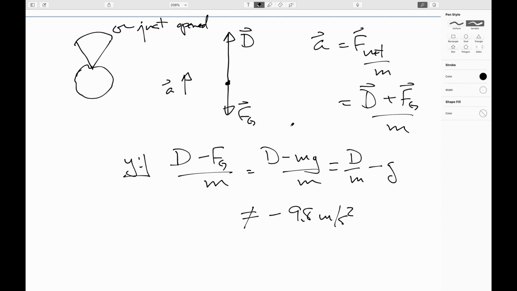But again, I can't reiterate enough, it's not an acceleration, it's a gravitational field strength. It just says how hard gravity pulls on something. And we have to take into account all the forces acting on an object in order to figure out its acceleration.